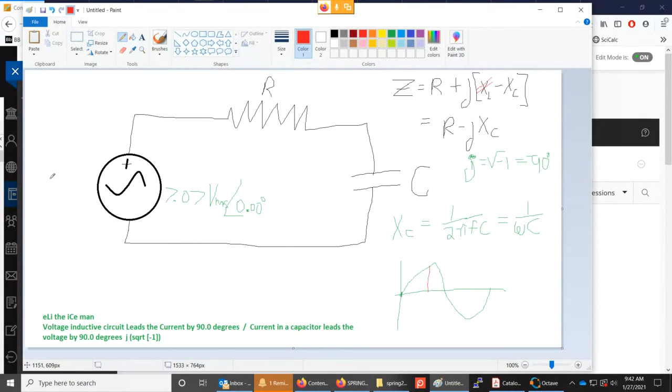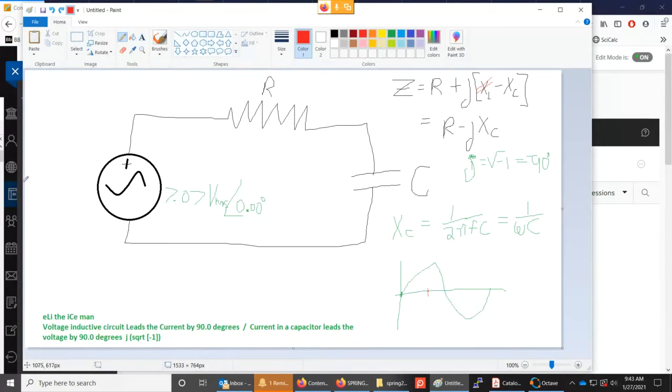So the current here, if this was at the peak here, the current is peaking here. And so this is 90 degrees, okay? And this would be for an inductive circuit, all right?